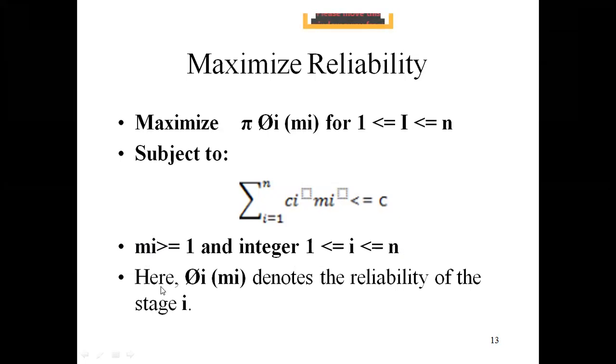That means a minimum of one device should be there in each stage.